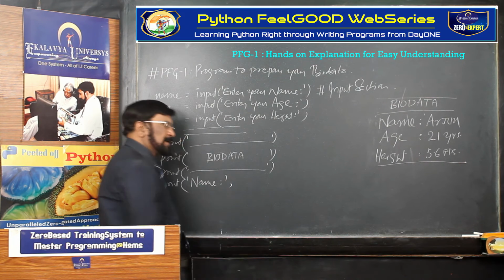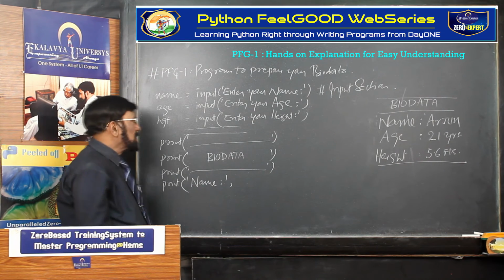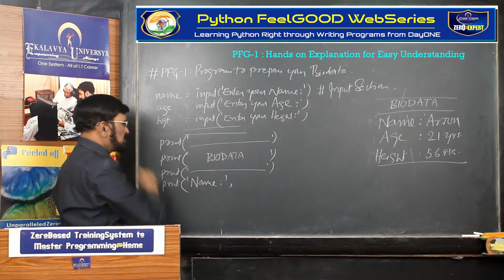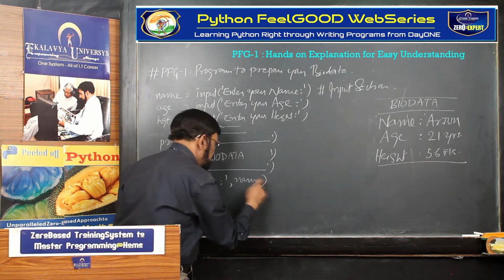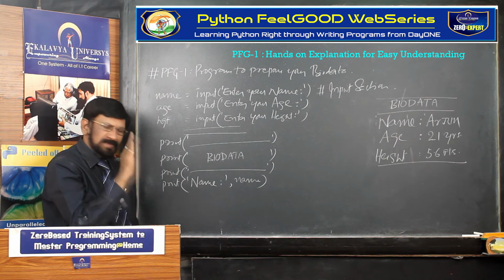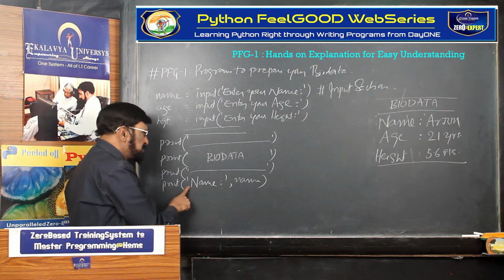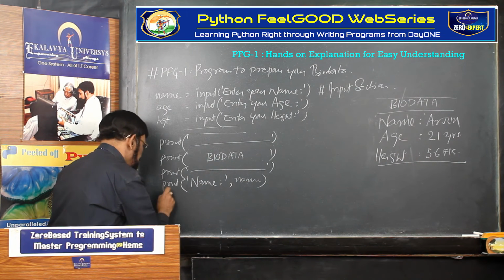Thereafter a separator we write. Now suppose you enter name as Arjun. Where is it stored? Here this is stored. Then that variable name exactly you have to write, same spelling, same case. This is a string. This is not a string. This is a variable.